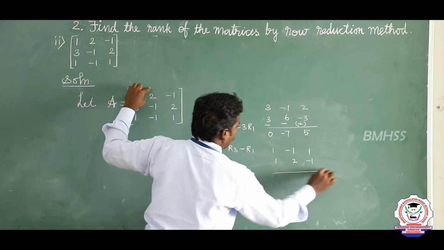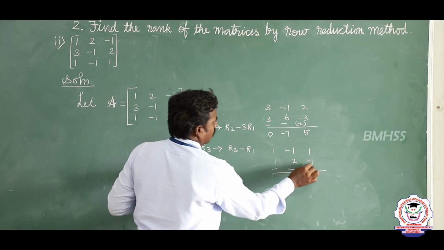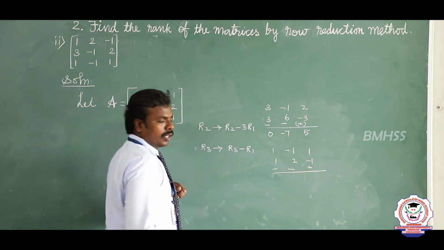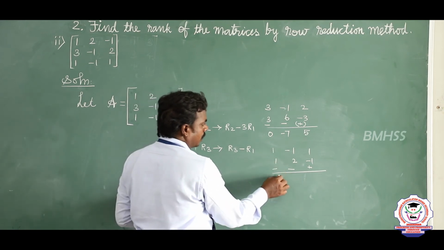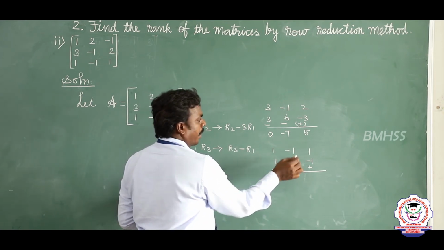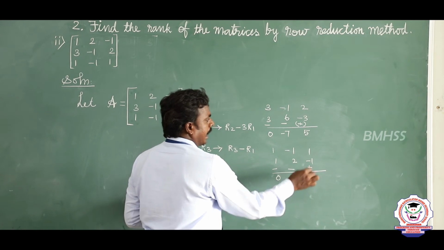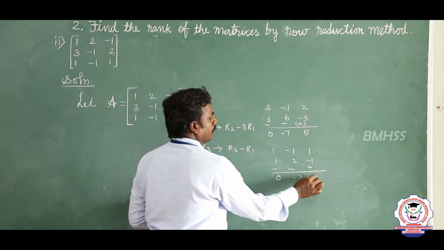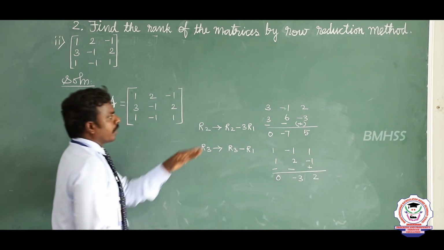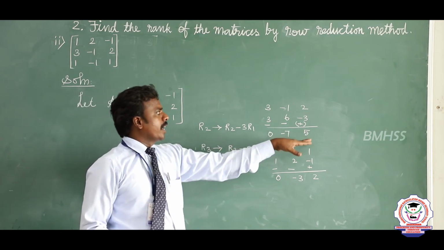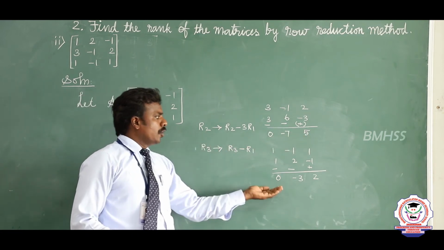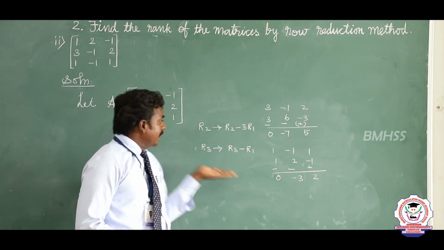Now you subtract these values; minus and minus will change to plus. From this, 1 minus 1 is 0, minus 1 minus 2 is minus 3, and 1 plus 1 is 2 in the third row. So I write 0, minus 7, 5 in the second row and 0, minus 3, 2 in the third row.